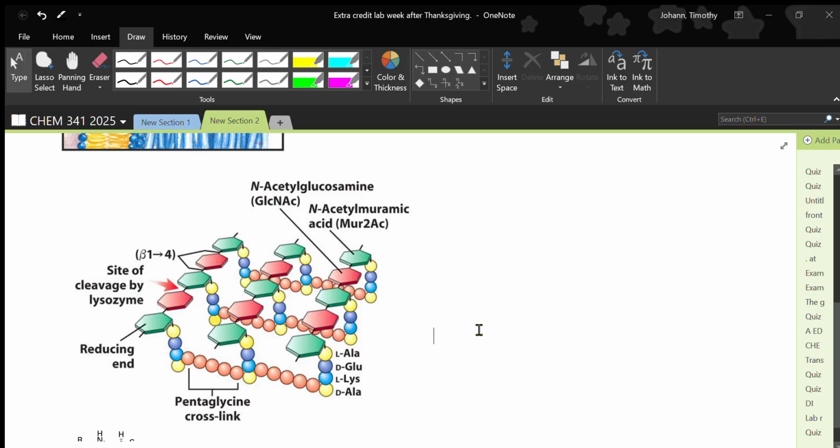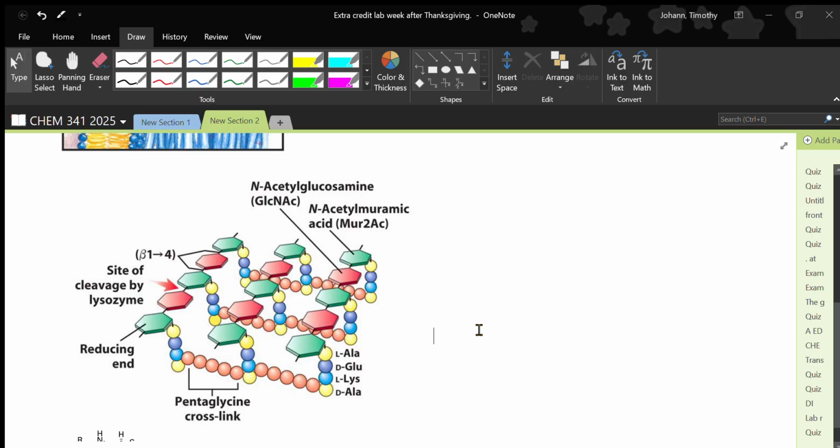You've got them running side by side in the bacteria, but they're not very structurally good because they can come apart. They're also going to be wiggly. So the cross-links are a peptide that goes from here to here, and then one that goes from here to here. So it's like our disulfide bonds, but longer. Does that make sense?